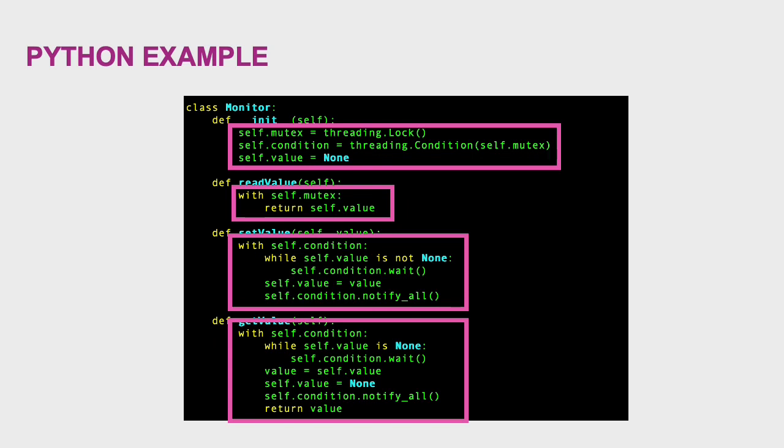They can enter the monitor and they can consume the value, set the attribute to none, so actually consume the value, notify everyone that they are about to leave the monitor because they have already consumed the value, and return it to the calling thread.